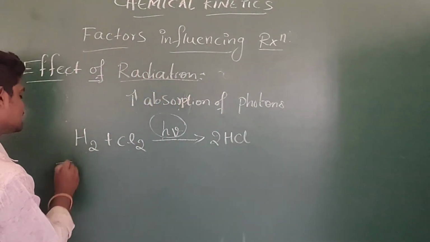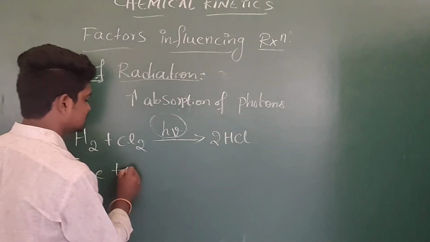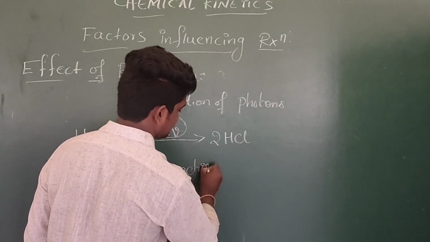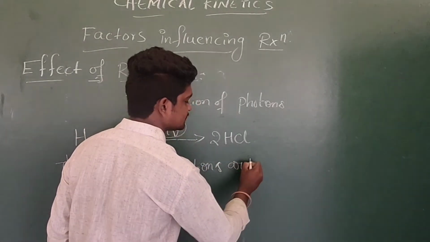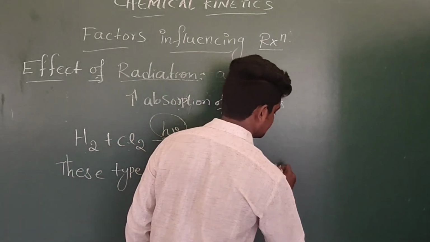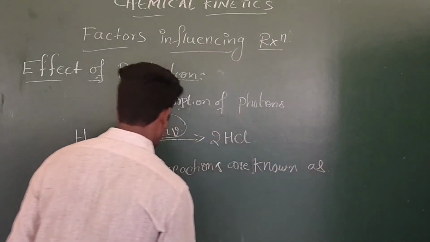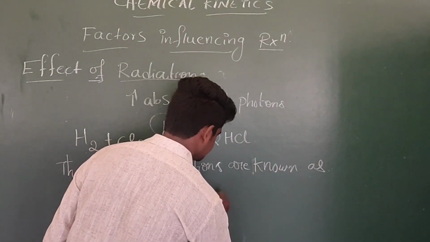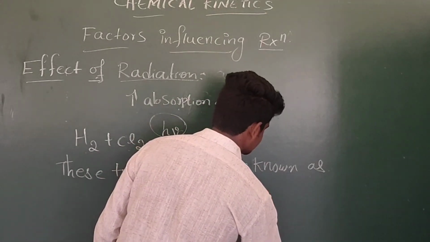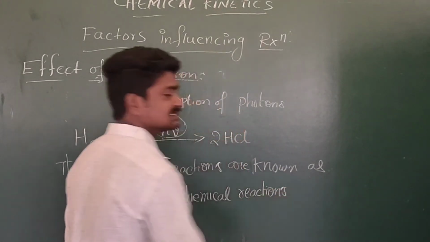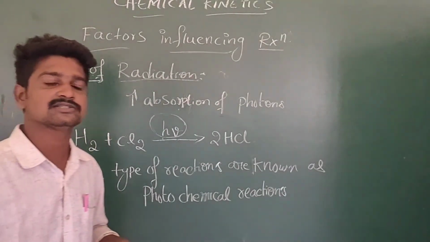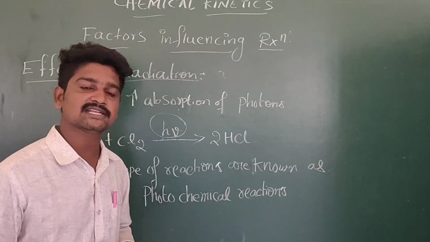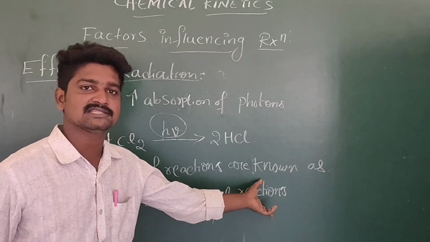These types of reactions are known as photochemical reactions. That means the reactions take place in the presence of sunlight. Such reactions are known as photochemical reactions.